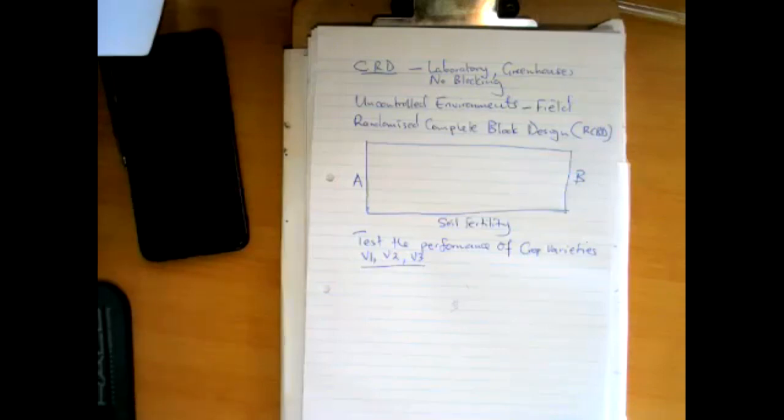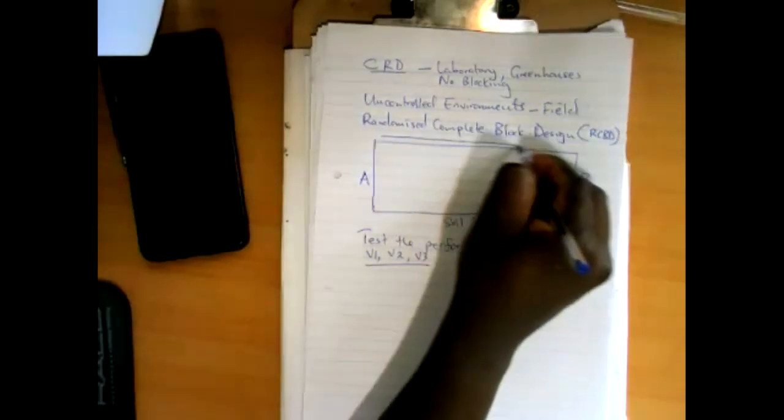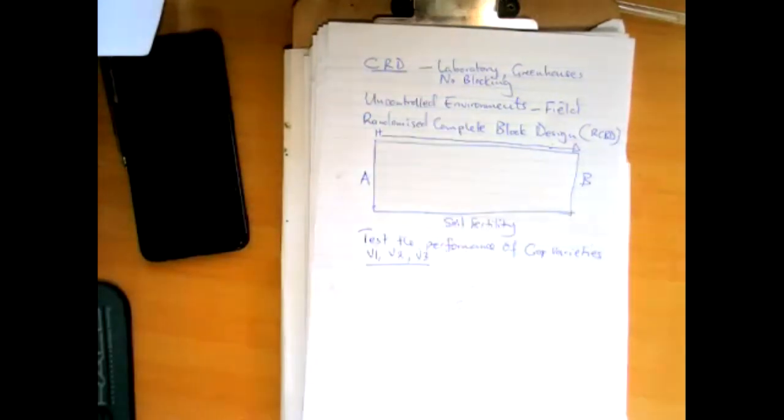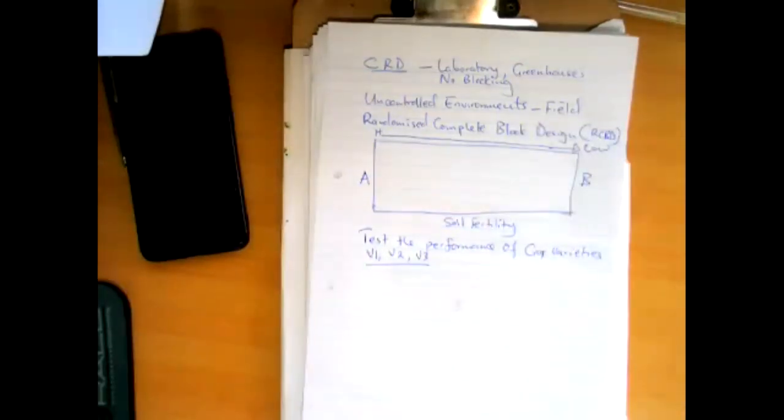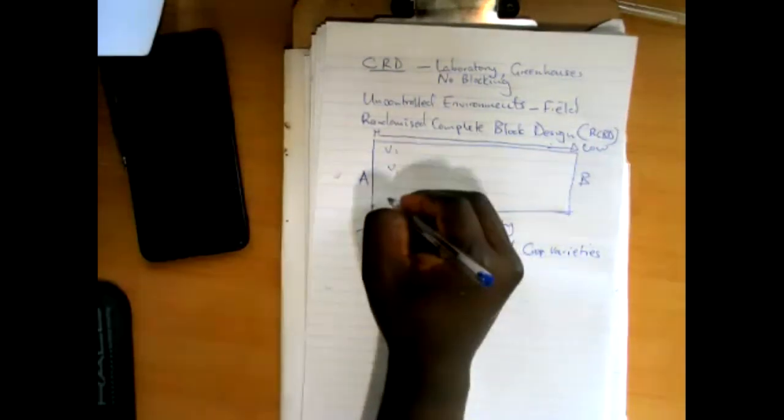But let me assume that there is a fertility gradient in the land where we want to grow the varieties, so much that there is high fertility in A and the low fertility is one move towards B. So in this case, it means if we use CRD, we may have variety 1, variety 1, variety 1.